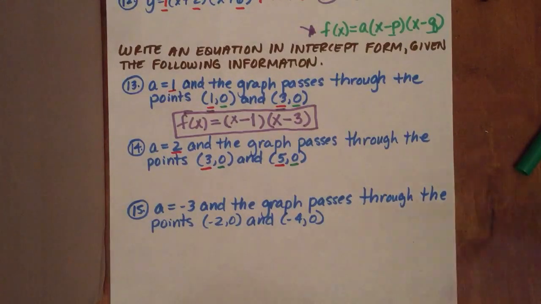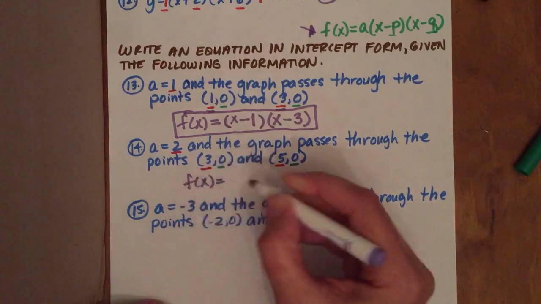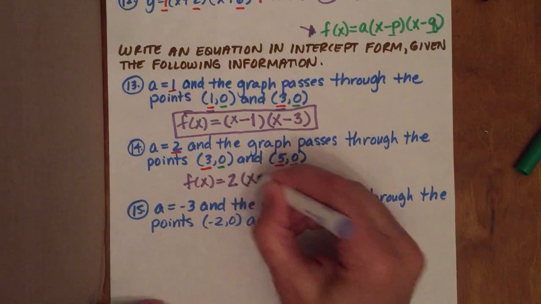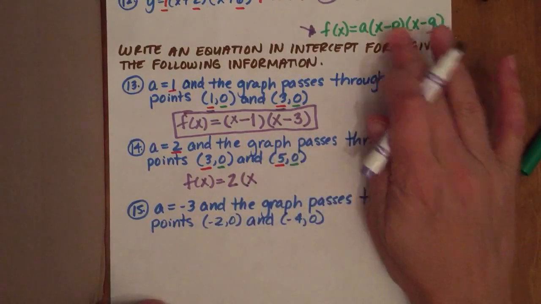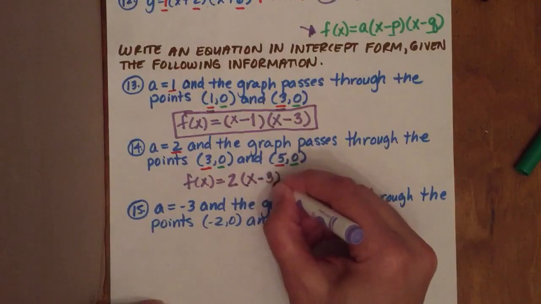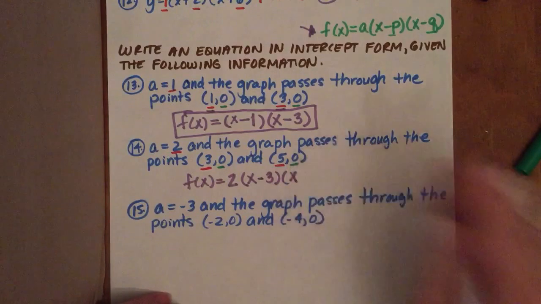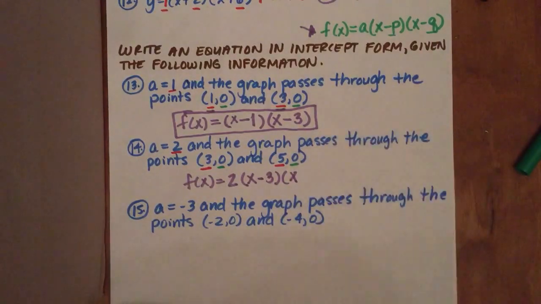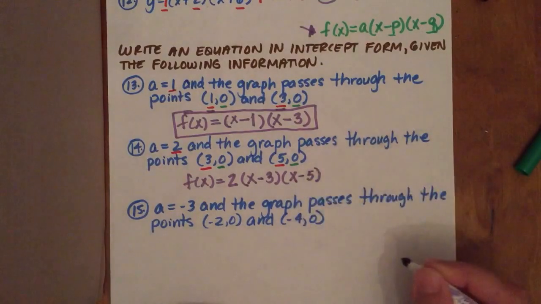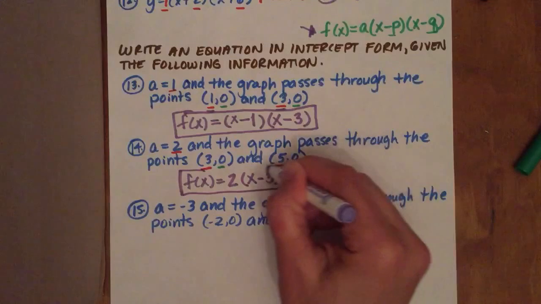So let's actually write our equation then. f of x is going to equal my a value, which is 2, times x minus p, so x minus positive 3, and my q value, which is 5, which is x minus 5. So this is it. This is how I finish. I've finished with this one.